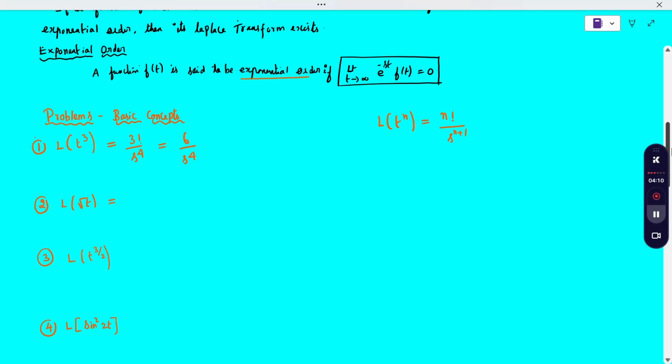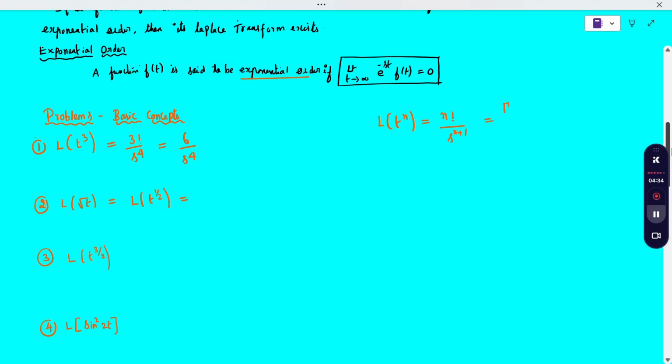Very easy basics. Okay, the second problem: Laplace transform of root of t. Root t can be written as t to the power half. Now same concept. For t power n, n factorial is nothing but gamma of n plus 1.